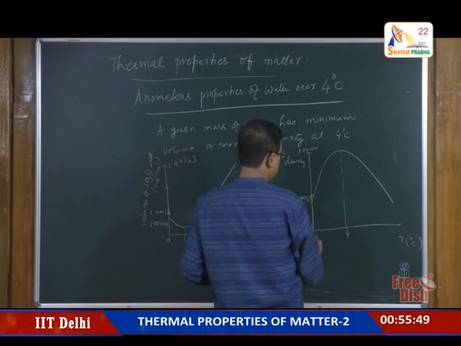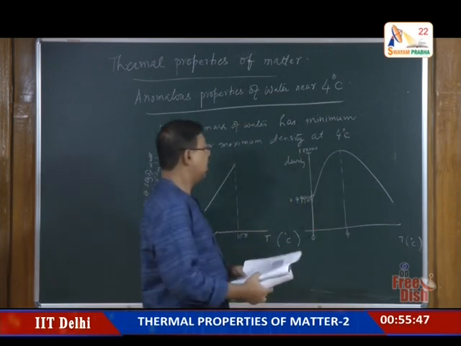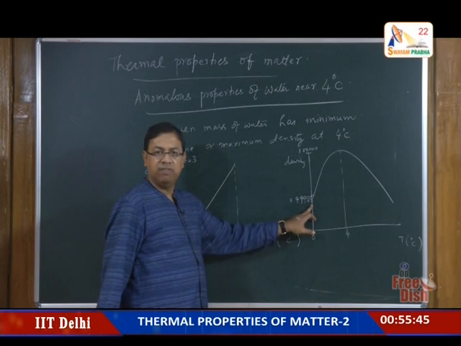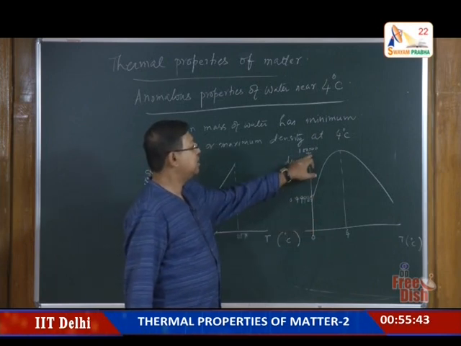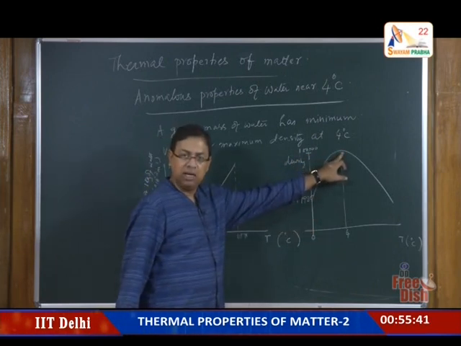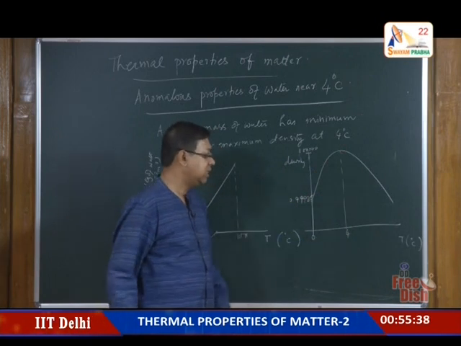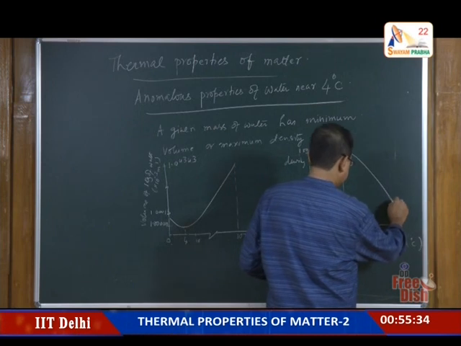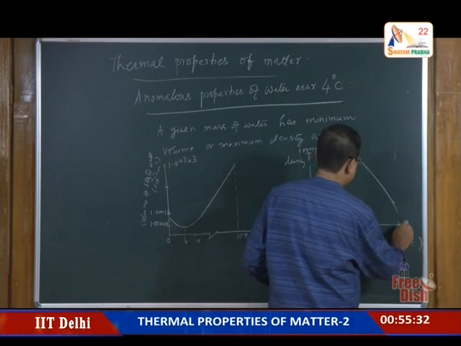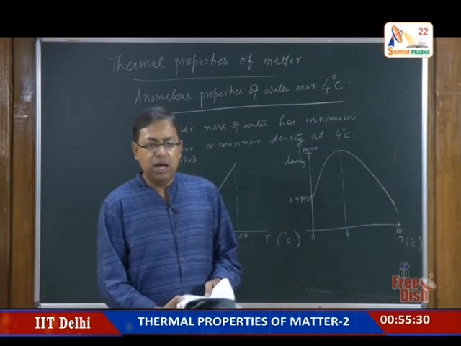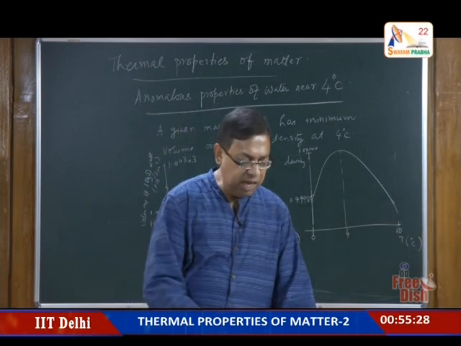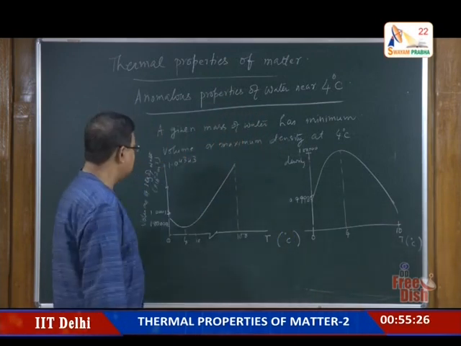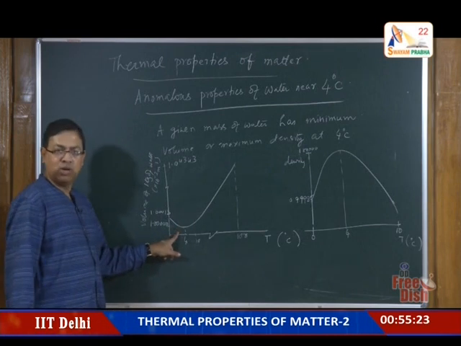At 0 degree centigrade it's 0.99985, and it reaches exactly 1 at 4 degree centigrade, and say this is about 10 degree centigrade. Okay. So this is pretty much the behavior of water, and this is called the non-monotonicity.